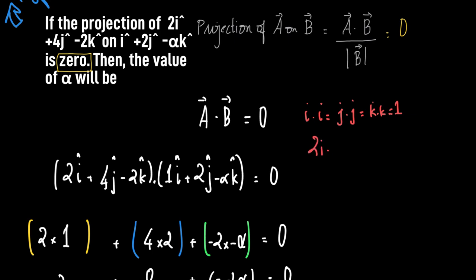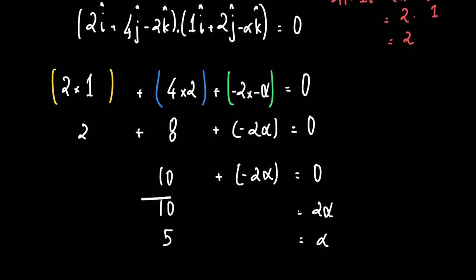So 2i dot 1i is 2 times 1, which is equal to 2, right? Similarly, 4 times 2 and minus 2 times minus alpha.